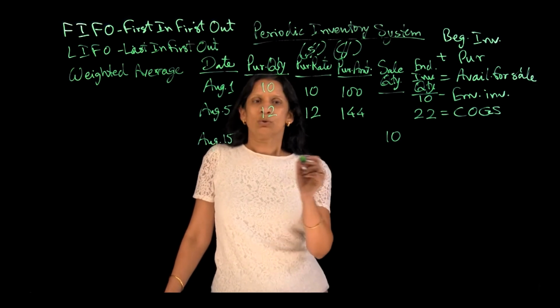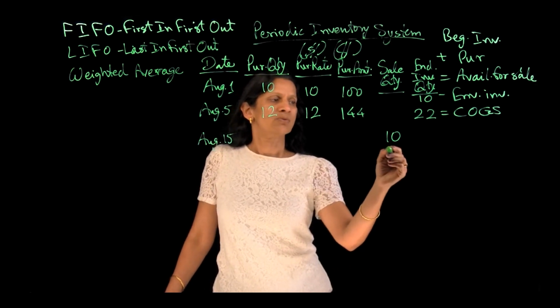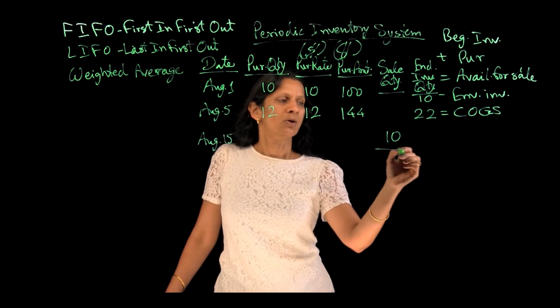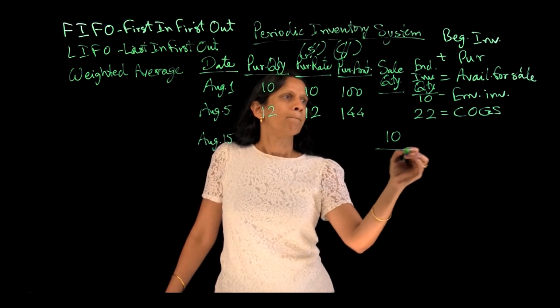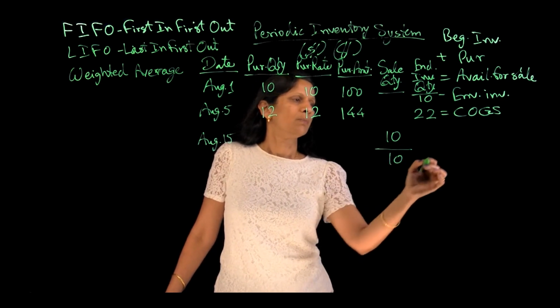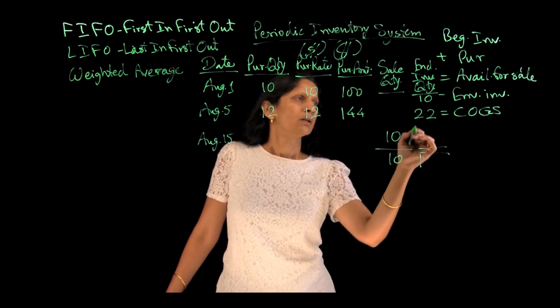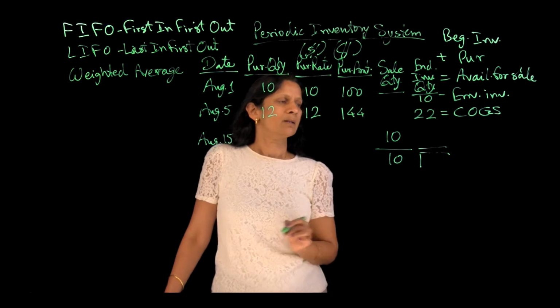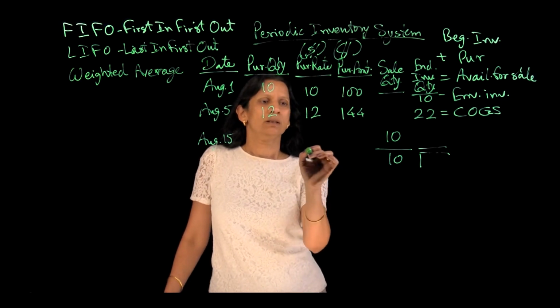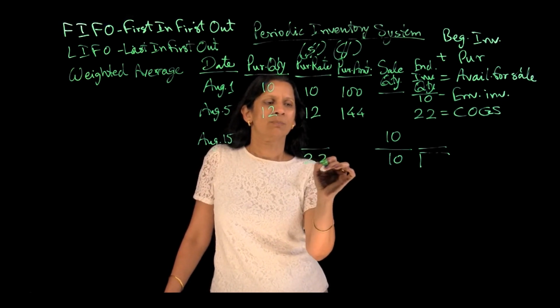Okay, so now suppose August 15th itself is the end of our accounting period, and so we have 10 items that we sold, then 22 items that we had purchased.